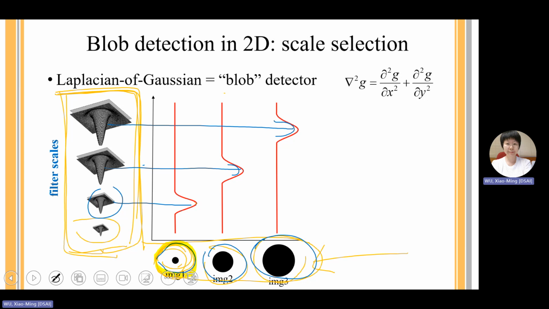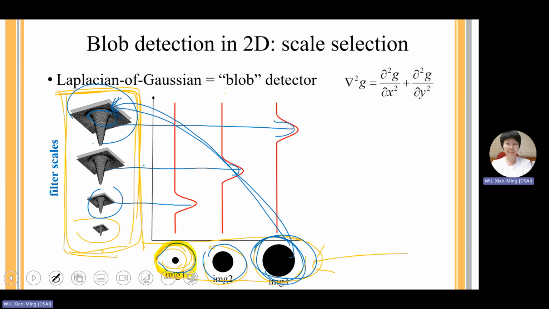That's because the size of this blob aligns with the zeros of this filter. They are a perfect fit to each other.